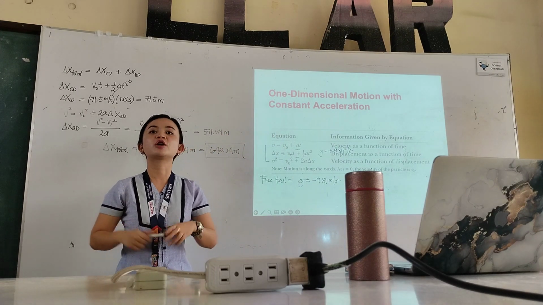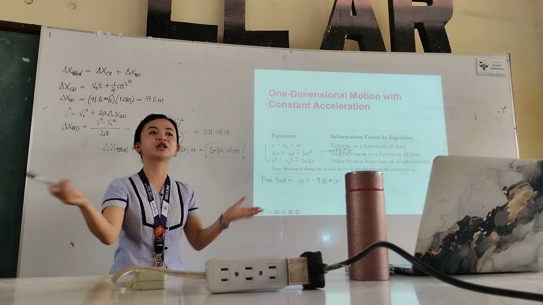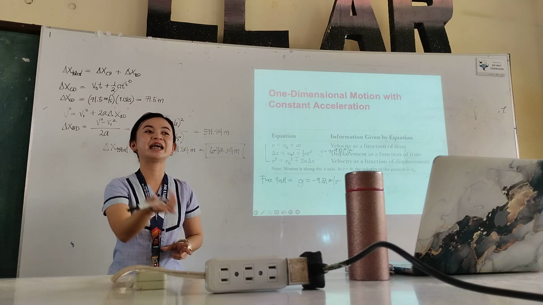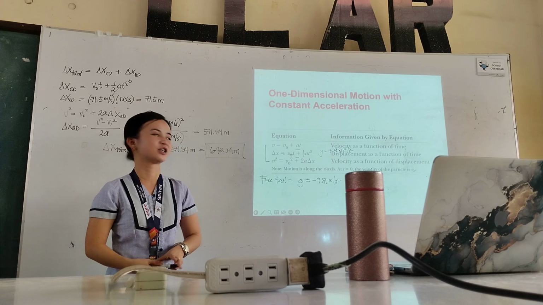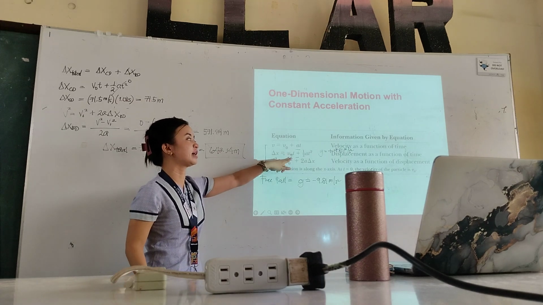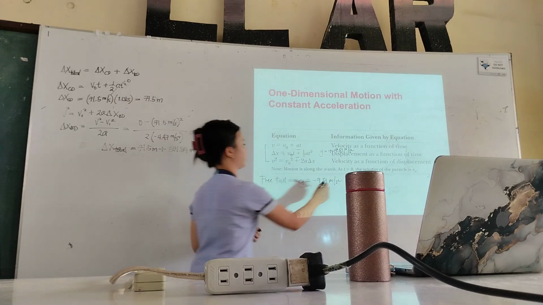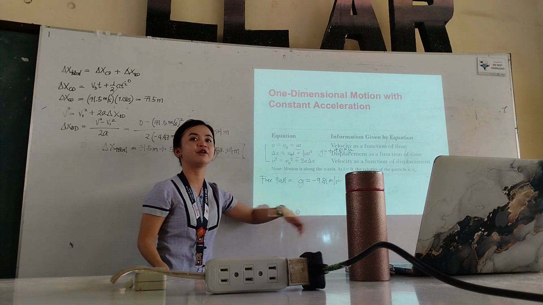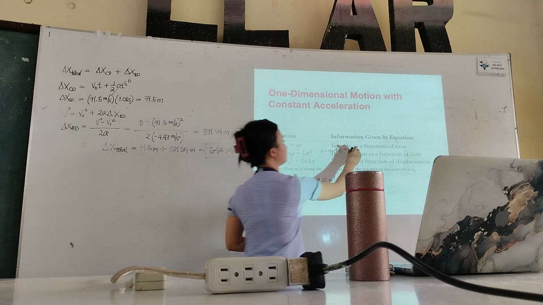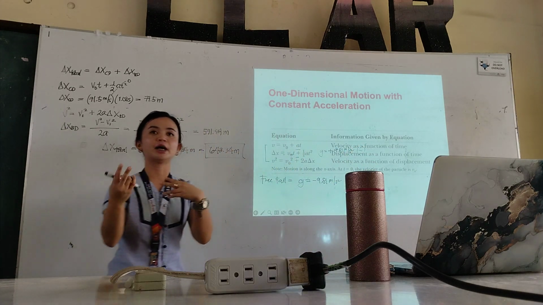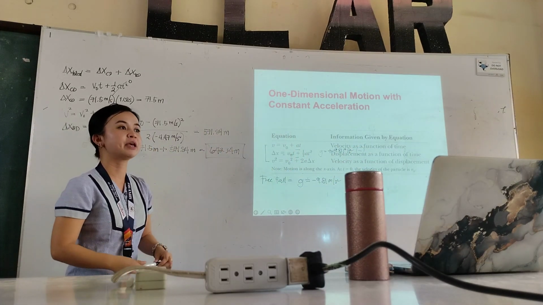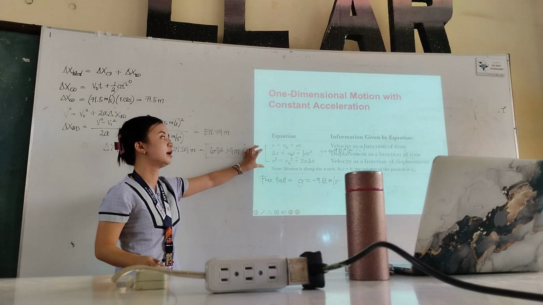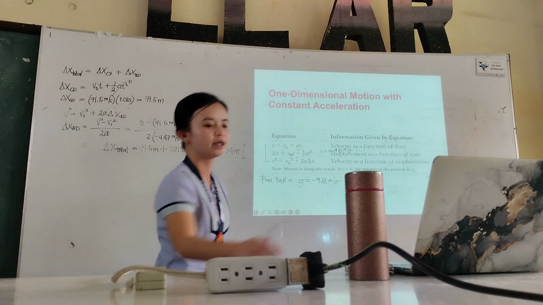So be consistent. It is not allowed to interchange them. If you interchange, your answer will be wrong. If your equations are positive, you use this one, and if negative, you use the other. To be safe, we use negative 9.81 with the positive equations.